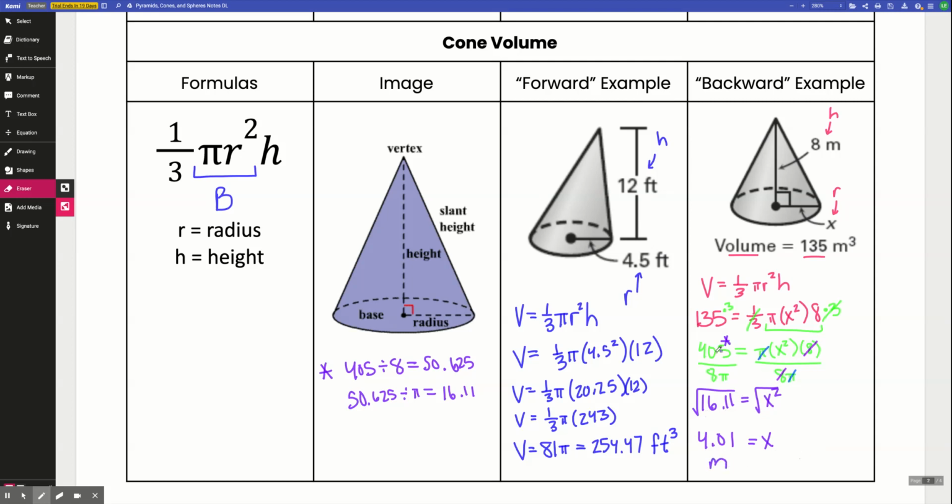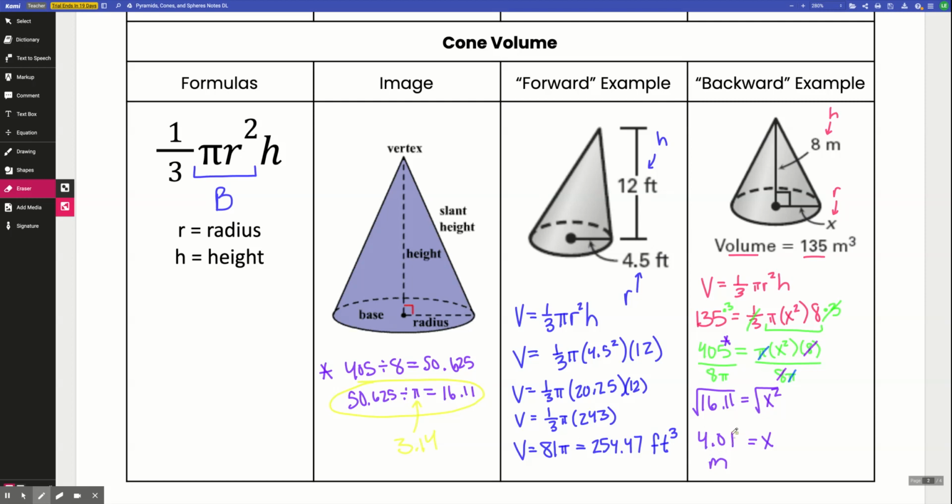Okay, if you divided at this step right here by 3.14, instead of pi, you would end up with a slightly different answer. But again, when you're doing problems, especially for my class, it's more important that the process is correct, not necessarily when you rounded in the problem, okay?